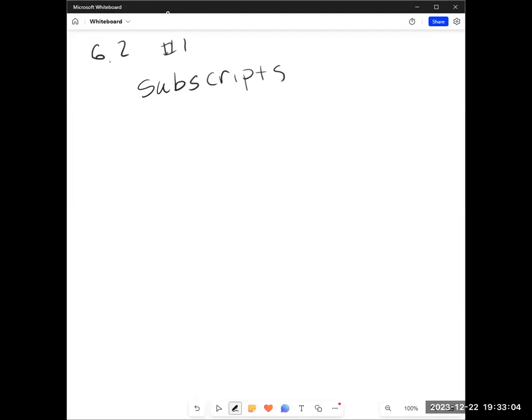So a really good example of this is the slope formula. And we're going to talk about this one later in one of the videos. That slope is equal to y sub 2 minus y sub 1 over x sub 2 minus x sub 1.